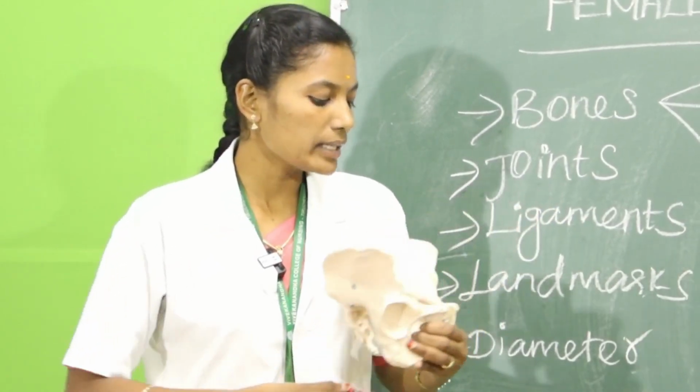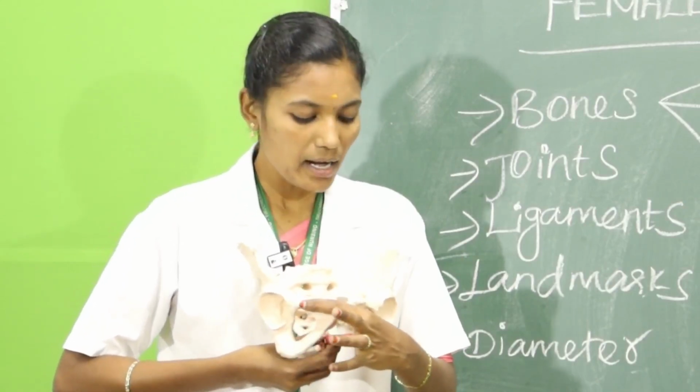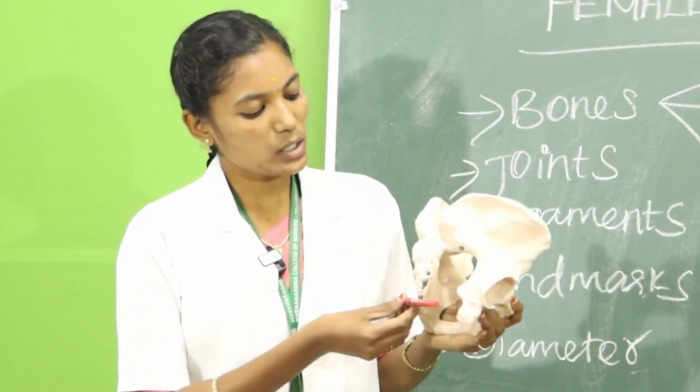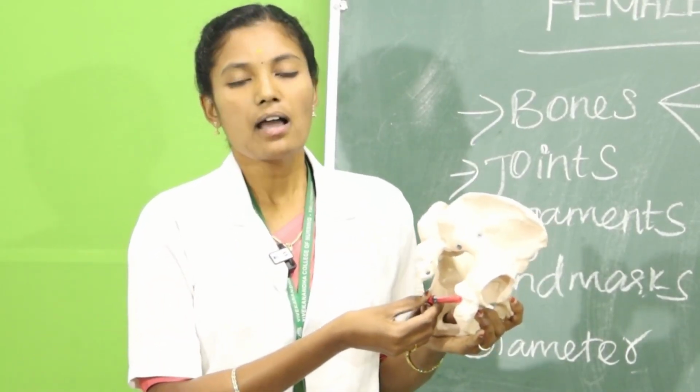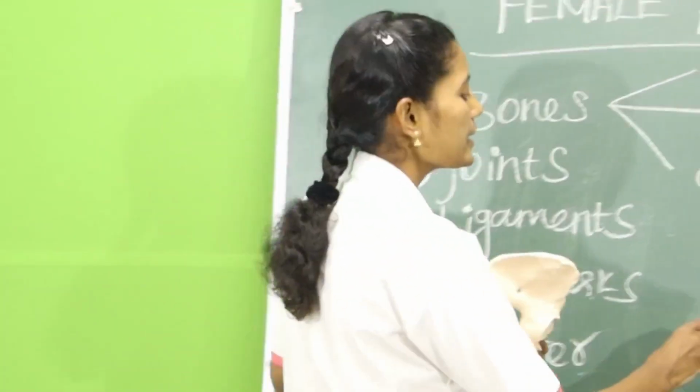So in the outlet the antero-posterior diameter is 13 centimeters, the oblique diameter is 12 centimeters and the transverse diameter is 11 centimeters.